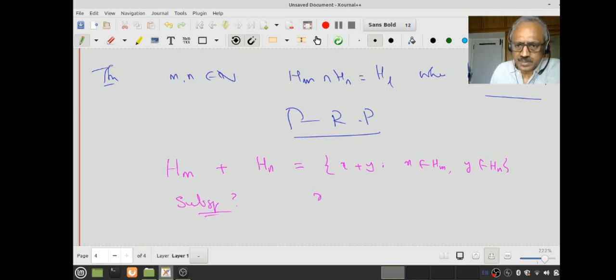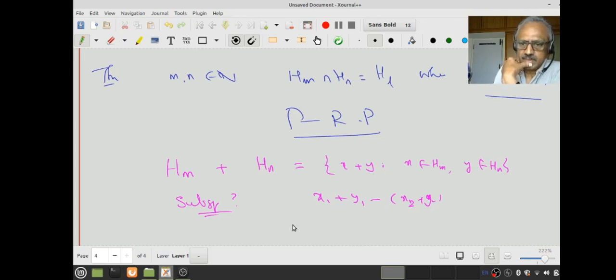That's very easy because I have x1 plus y1 minus x2 plus y2. One element is x1 plus y1, the other element is x2 plus y2. You follow that? And x1, x2 are in HM, y1, y2 are in HN.